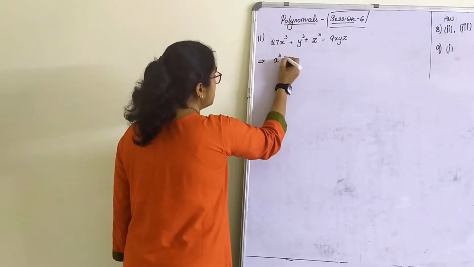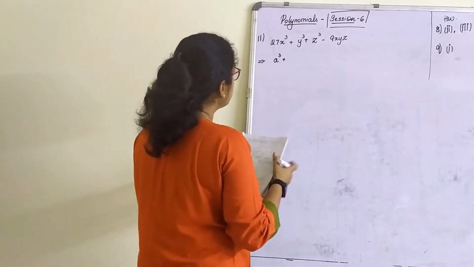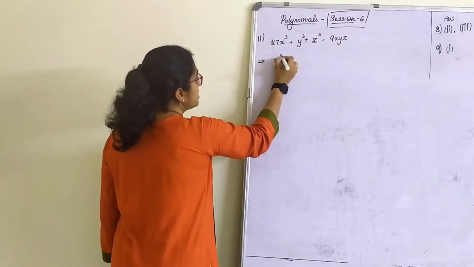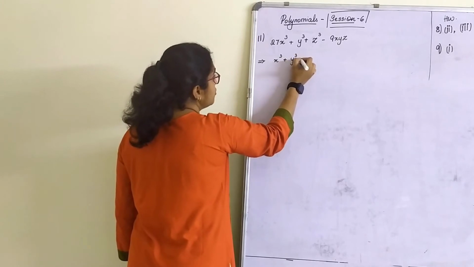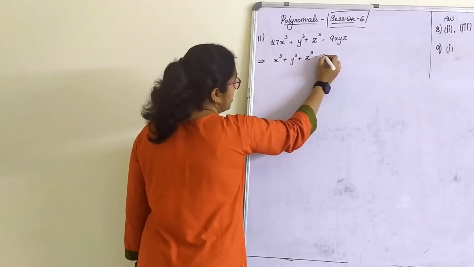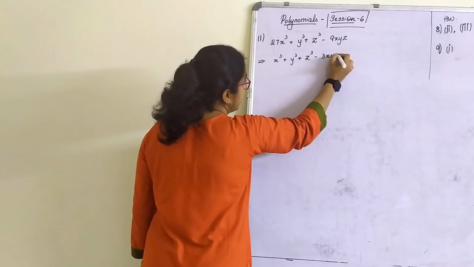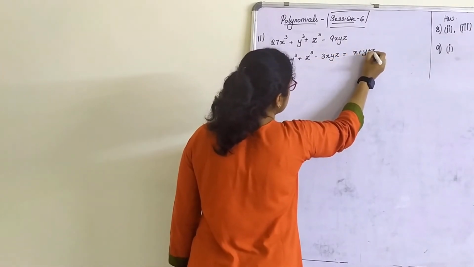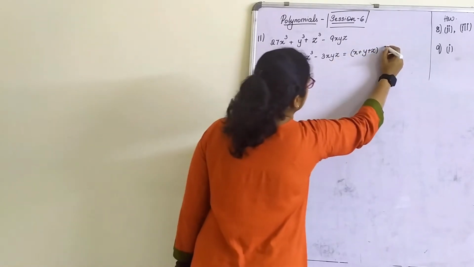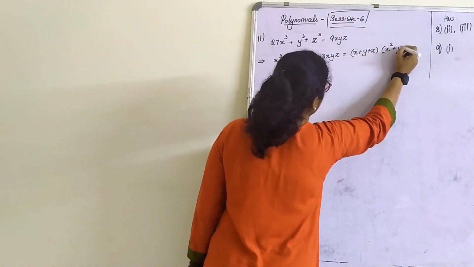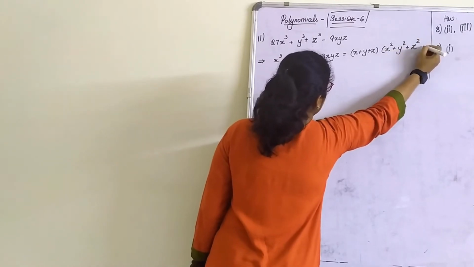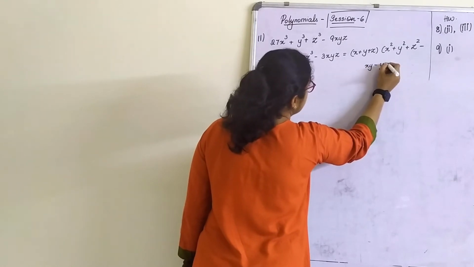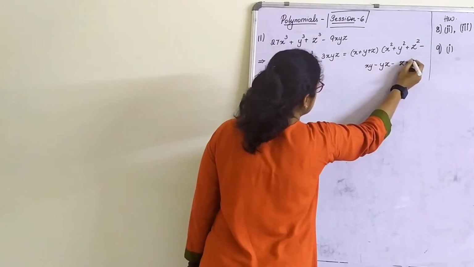This is of the form x cube plus y cube plus z cube minus 3xyz is equal to x plus y plus z of x square plus y square plus z square minus xy minus yz minus zx.